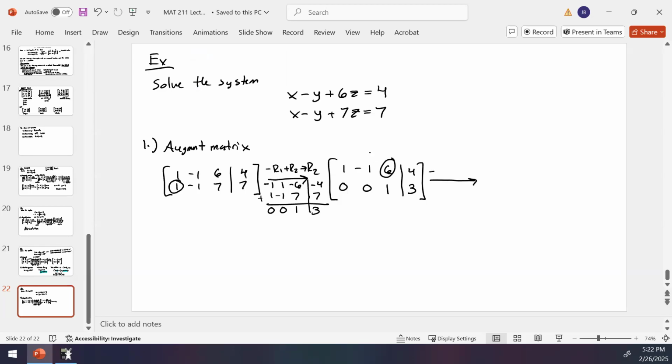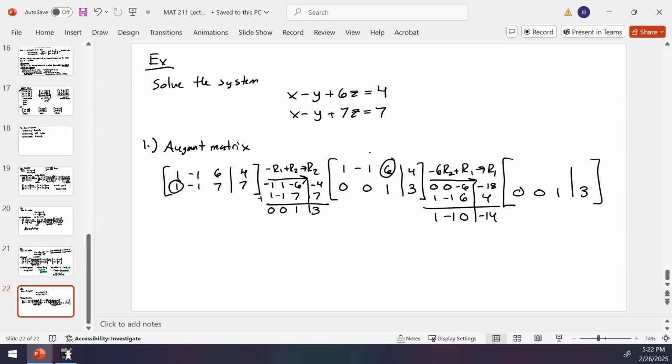So row 2 plus row 1 is my new row 1. So 0, 0, -6, -18, 1, -1, 6, and 4. Okay, so row 2 isn't changing anymore. And then row 1 becomes this.